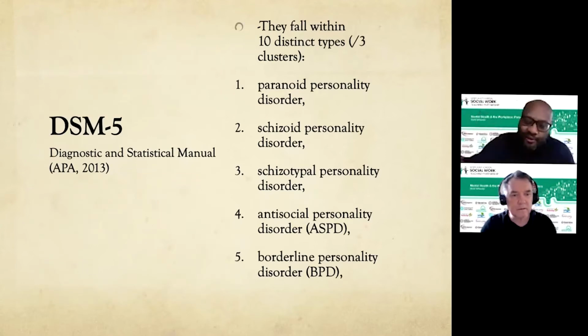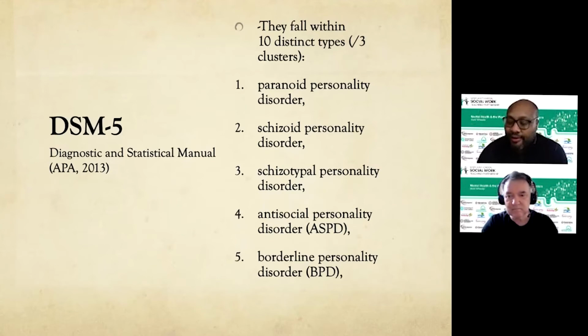I'm going to go through these. I won't spend time on each and every one. It's less important to know these, but just so you have a sense of the language. I will explain what these mean in a little more detail in a next section. Paranoid personality disorder, schizoid personality, schizotypal, antisocial, borderline personality.